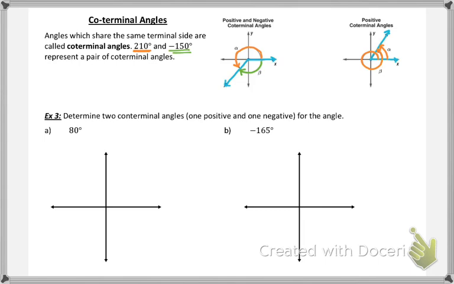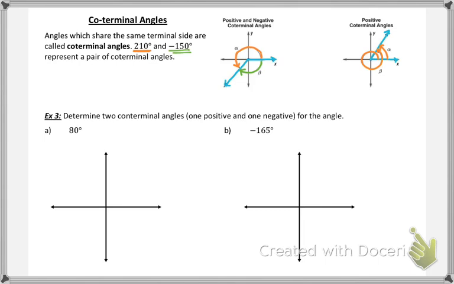And so this angle, which is more than 360 degrees, we call angle beta, also shares the same terminal side as angle alpha. So both of these are positive angles because I am going counterclockwise, but they share the same terminal and initial side. We call them coterminal angles.